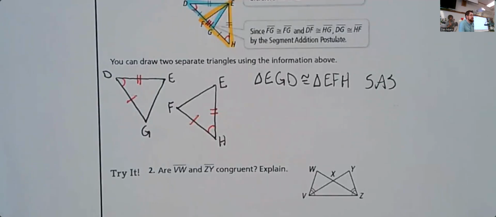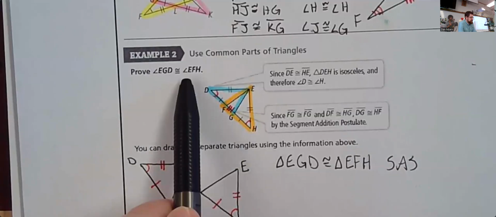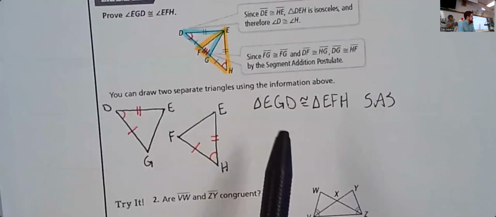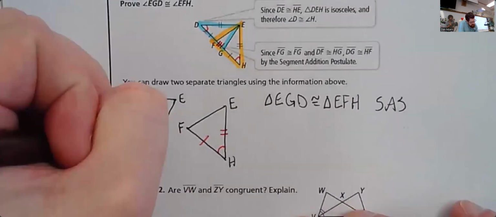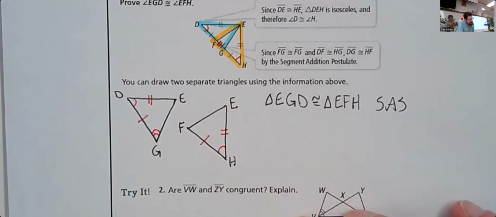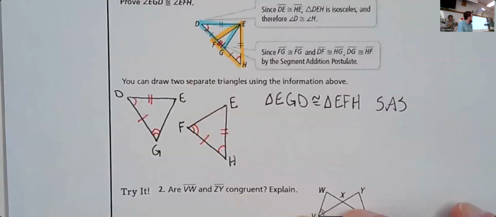Go back to the question. What is this problem telling us to prove? What does that say? Angles, yeah. We need to prove that a couple angles are congruent. So we're starting by saying that the triangles are congruent. We need to prove that EGD, this one here, is congruent to EFH, this one here.